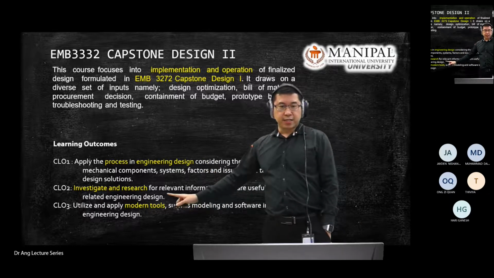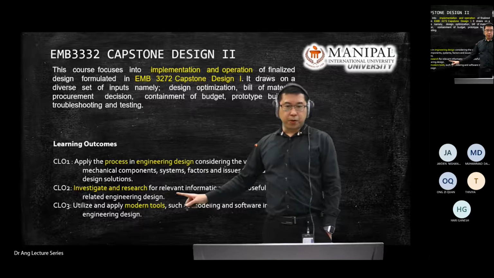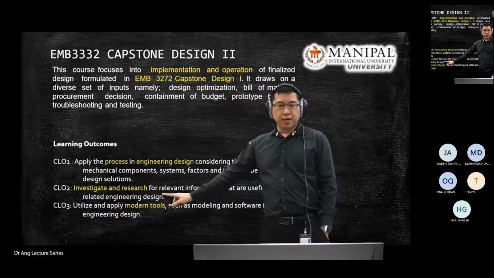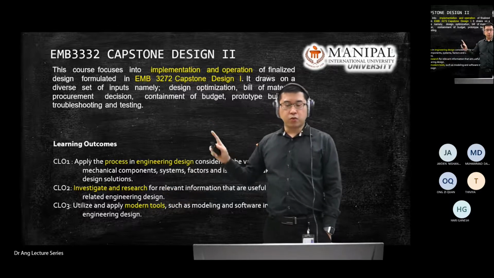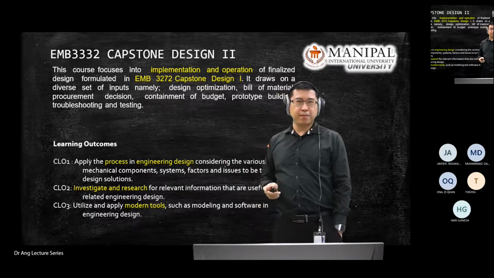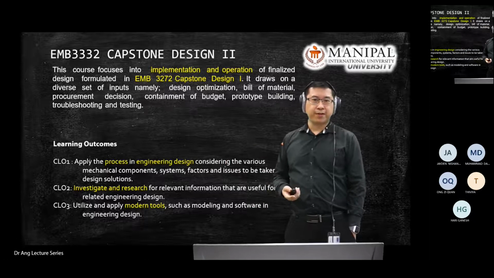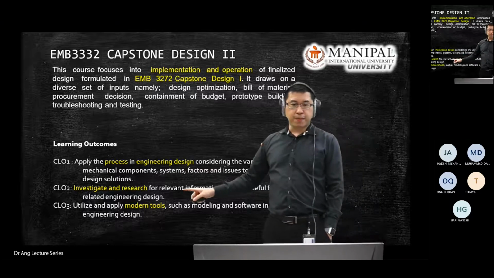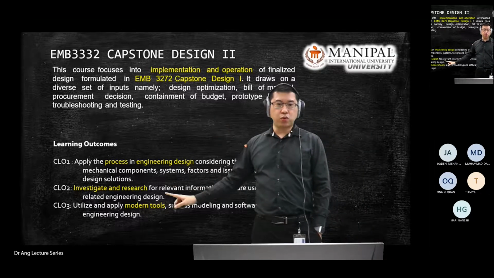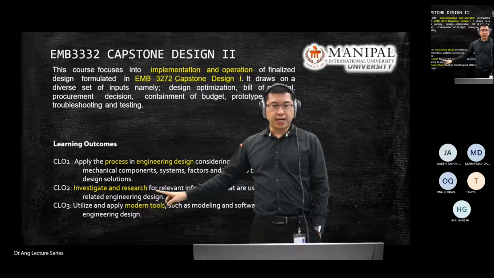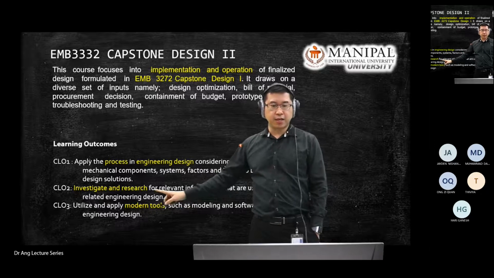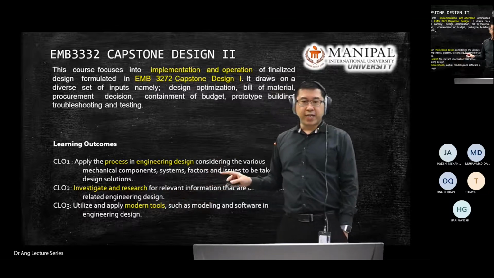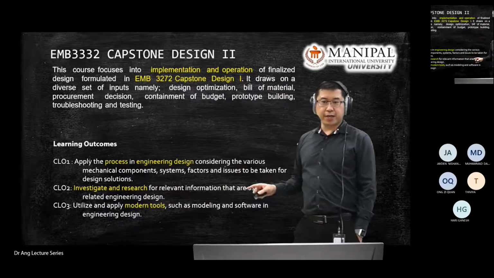And then the second one is that you need to generate a report for your prototypes. Capstone Design 2 will be very similar to FYP2, where we expect you to conduct continuous research in your design, because we have a lot of information coming in every day.